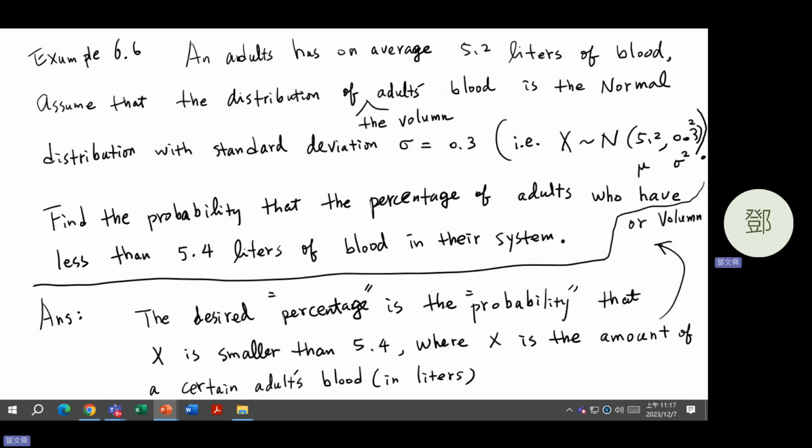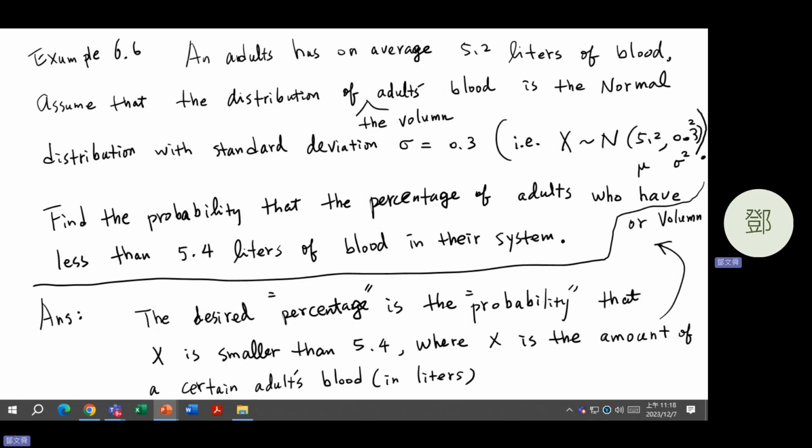Sometimes you see probability, then you can think of this probability as the percentage. And when you see percentage, the first thing that comes into your mind should be probability. They are equivalent ideas. So when it wants you to calculate the percentage, it wants you to calculate the probability.